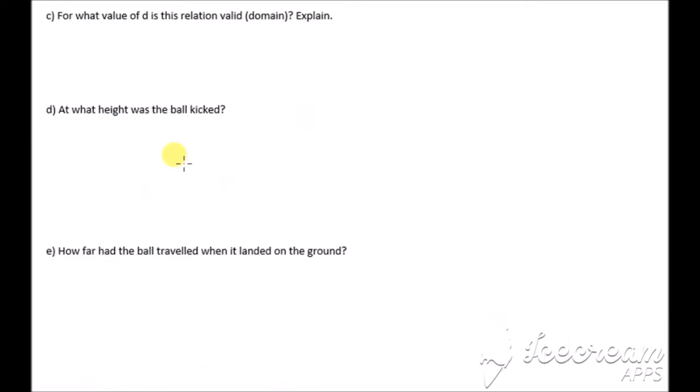Okay, so for what values of d is the relation valid? So what's the domain? Because we're talking about height and distance, it's only valid from 0 until 18. And at 18 it falls back on the ground, so 0 to 18.